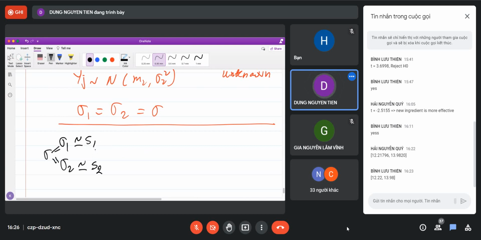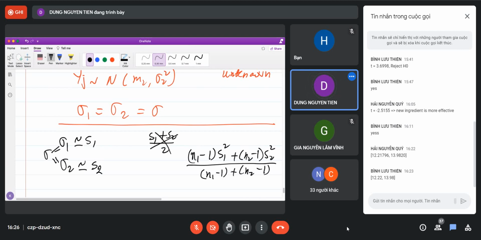So I'm going to use the average value of S1 and S2. Instead of using simply S1 plus S2 over 2, I'm going to use the average value with different weights. So it is N1 minus 1 times S1 squared plus N2 minus 1 times S2 squared, divided by N1 minus 1 plus N2 minus 1, denoted by S squared.